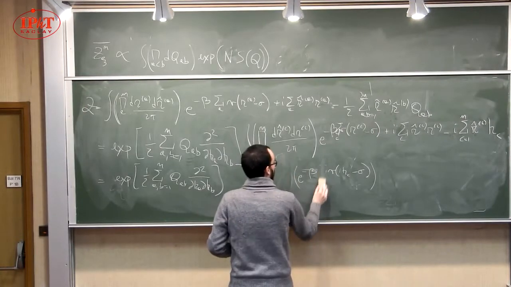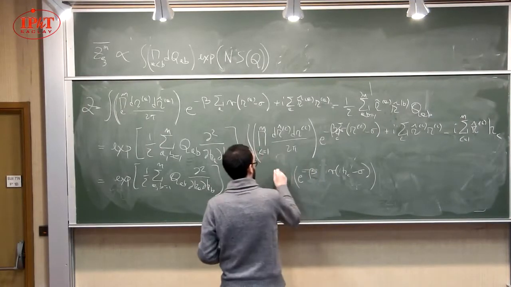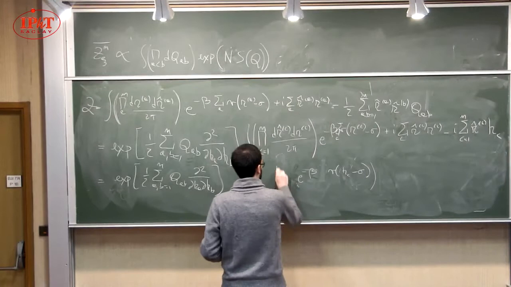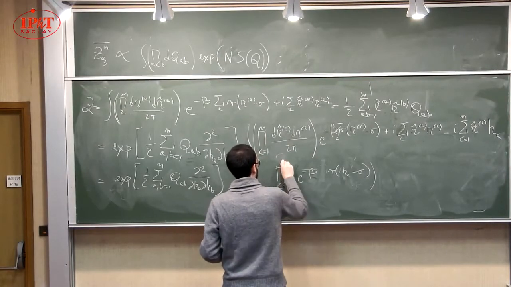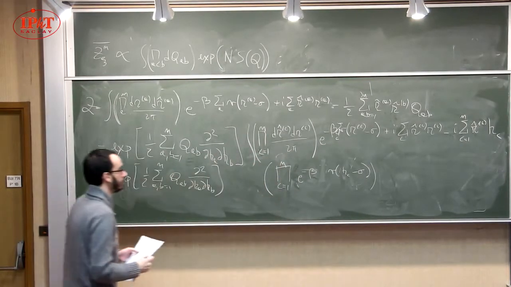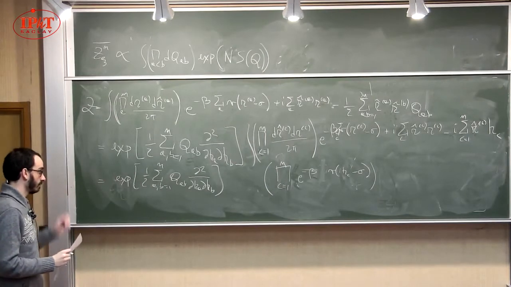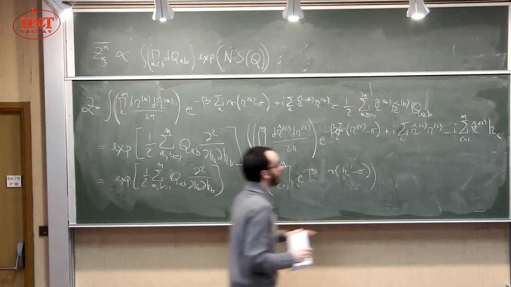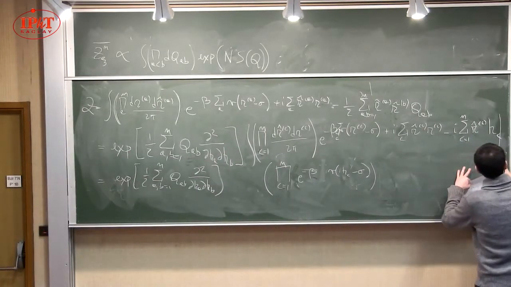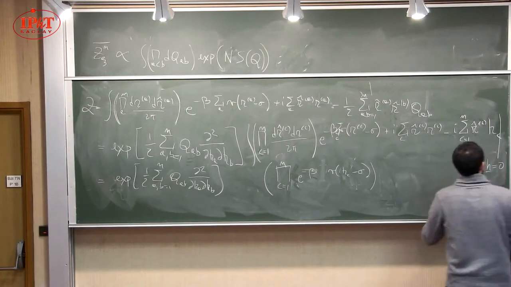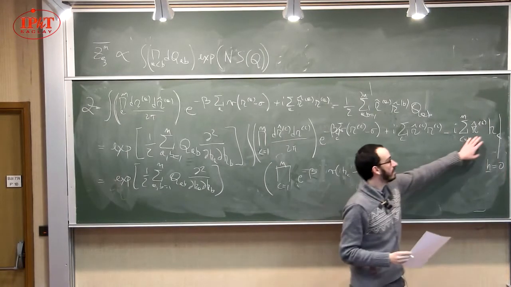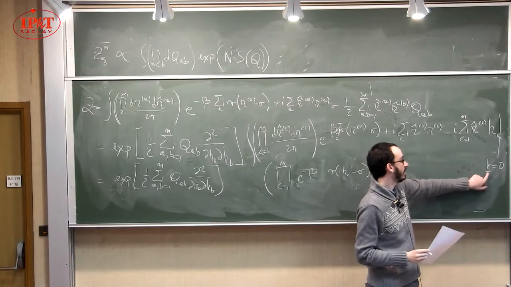And then here I write a product. Sorry, here I forgot. Of course, you have to take h equal to 0, because otherwise you have this term that is still there. You always have to take h equal to 0.